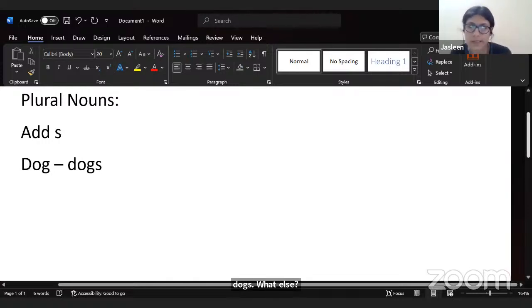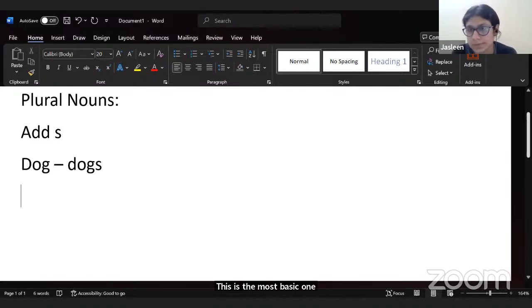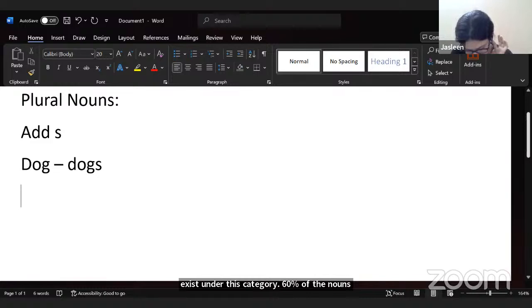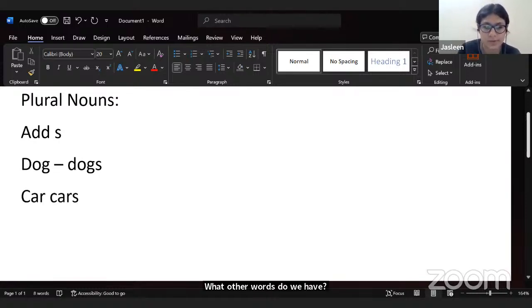This is the most basic one. Simply by adding S, you can make a noun plural. 60% of the nouns exist under this category. What other words do we have? We can have car, cars.